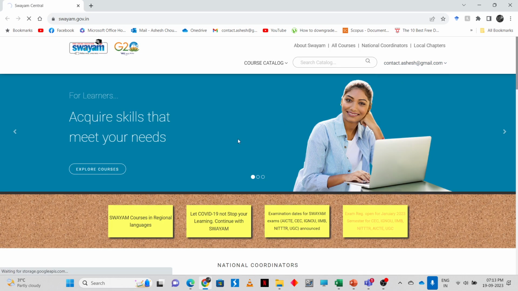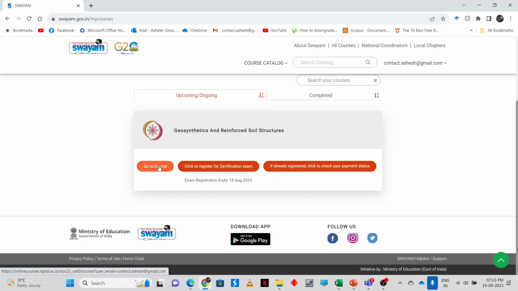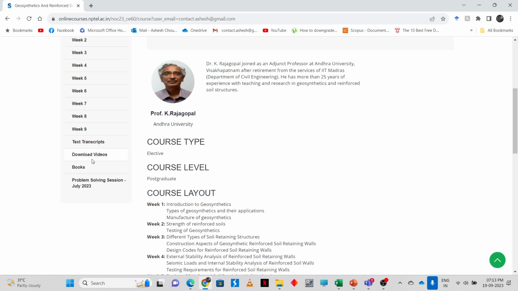Is it for the width one, depth one? Just check once.